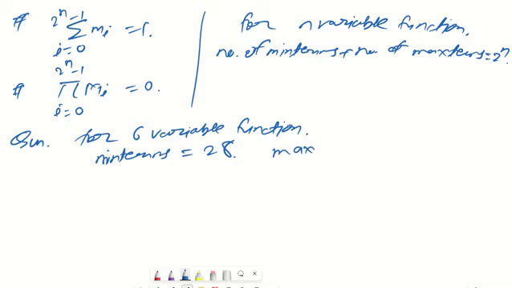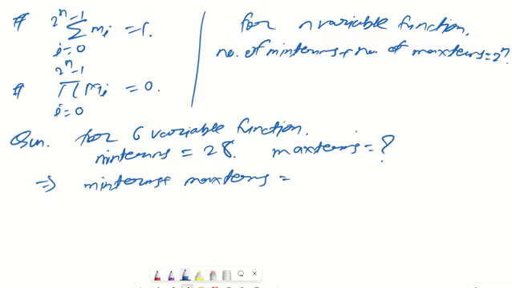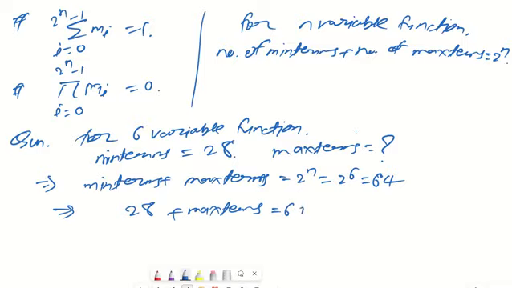So what will happen? You know already that min terms plus max terms must be how many? 2 to the power n, that is 2 to the power 6, that is 64. So it means 28 plus the max terms will be 64.